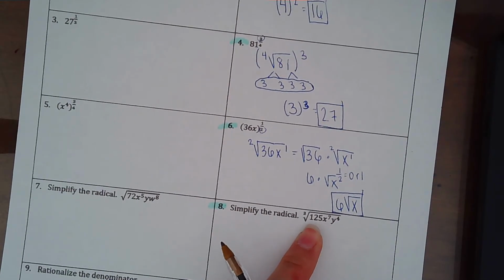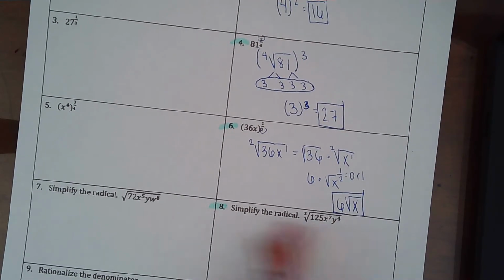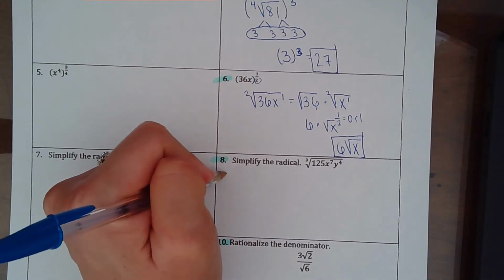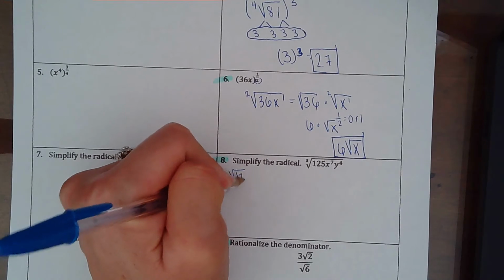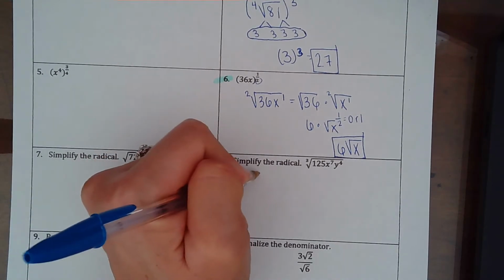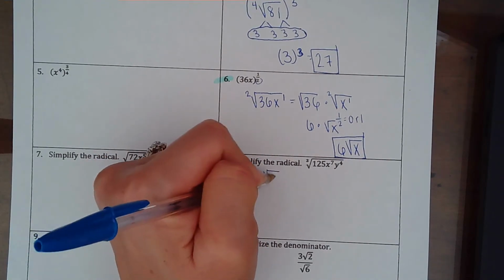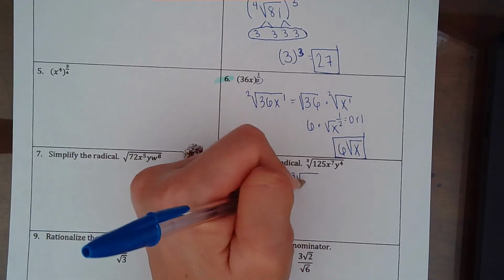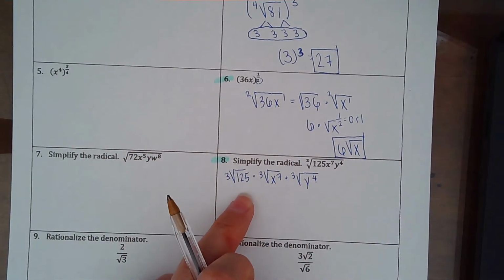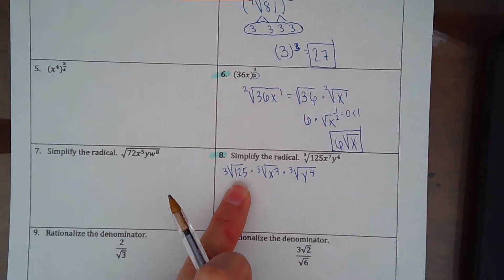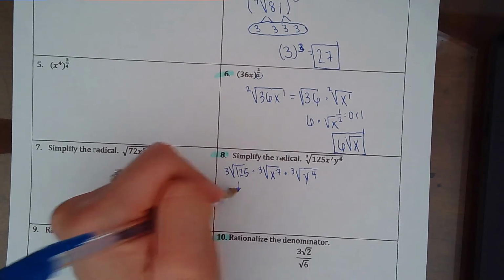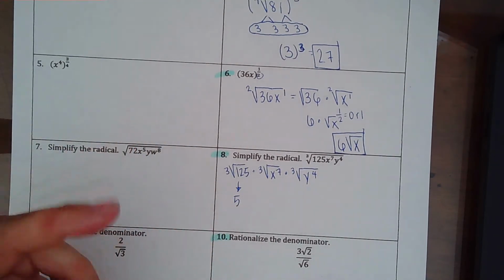Okay, now we've got a doozy here. And I'm going to just go ahead and write this broken apart for you. So I'm going to do the cube root of 125 times the cube root of x to the 7th times the cube root of y to the 4th. Well, the cube root of 125 is 5. So I know that this is going to be 5.